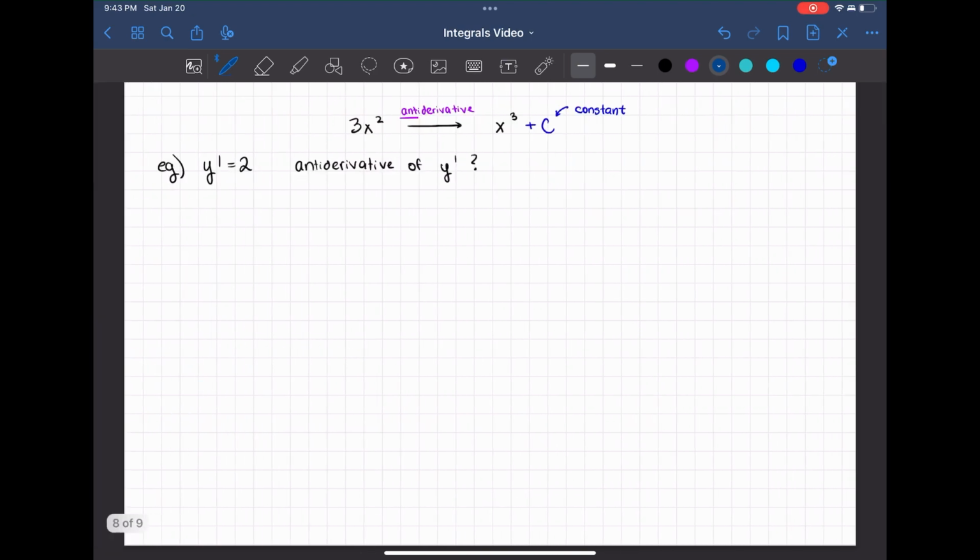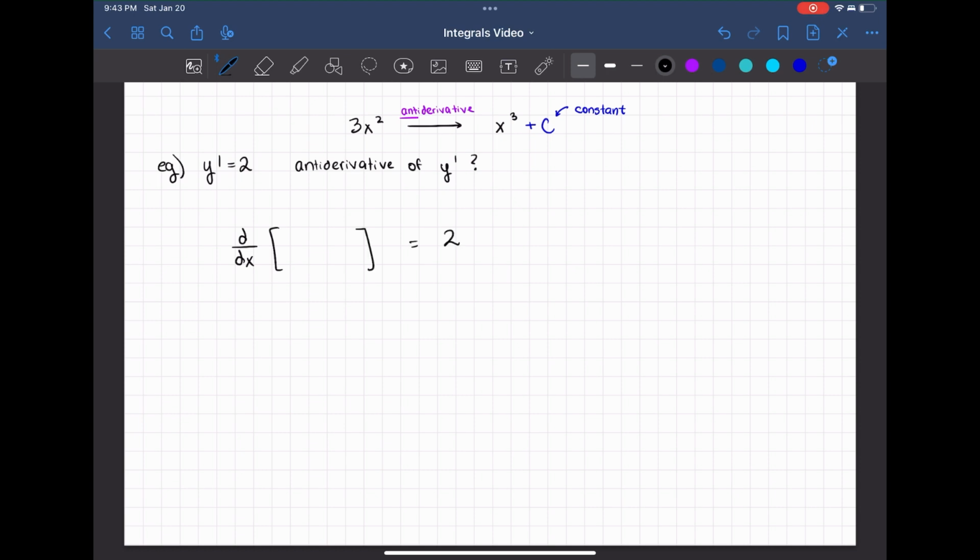So let's take a little look at an example, right? We know that the antiderivative of 3x squared is x cubed plus c. So what if I want to take the antiderivative of this function right here, this y prime, which is 2? Well, for that, we have to wonder what derivative is going to give us 2.